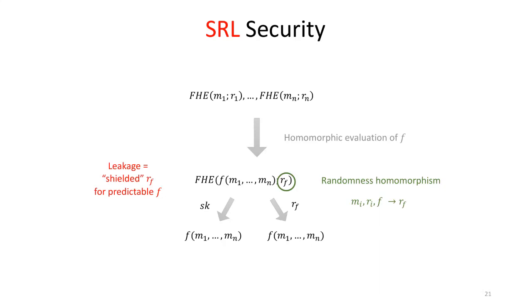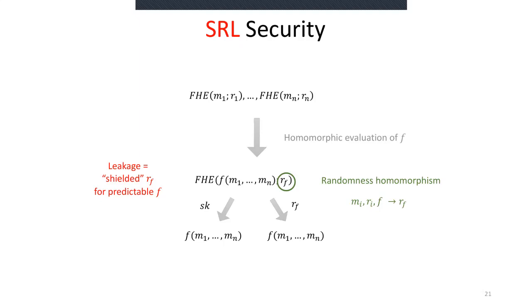The first remark is that we need to restrict the class of functions f for which we reveal R sub f, or shielded R sub f, because the shielded variant of R sub f, just like R sub f itself, will reveal the value f of m. You can open these evaluated FHE ciphertexts with the shielded R sub f. So in particular, if you give shielded R sub f for f equals the identity function, you reveal entirely the message m1 up to mn, and there's no meaningful notion of security.